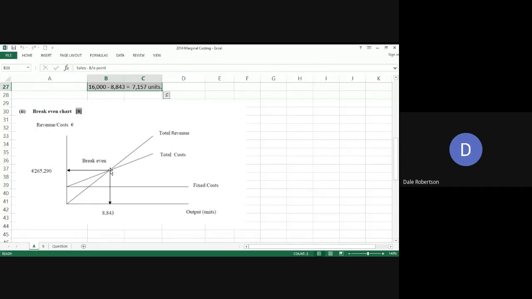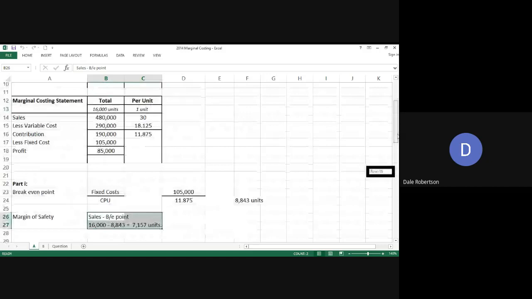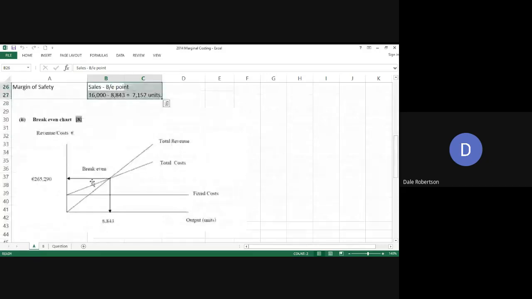And we know from this question that that is 8,843 units, or 265,290 in euro if you multiplied it by the selling price per unit. That selling price per unit was 30, wasn't it? Yeah. So if you multiplied 8,843 by 30, you would get this number here either. So therefore, that's your break-even point.